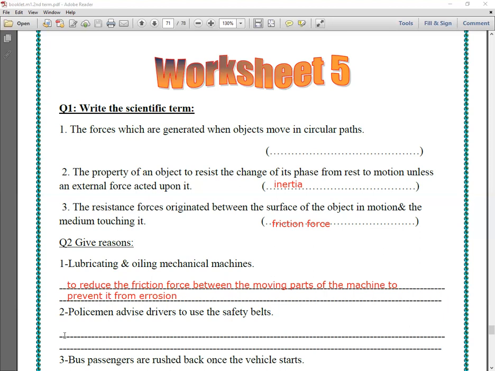Because the safety belts work on stopping inertia. The safety belts work on stopping the inertia to prevent the driver from injuring when a sudden change occurs, or prevent the passengers and the drivers from moving forward, to avoid or to prevent them from injuring when a sudden change occurs.